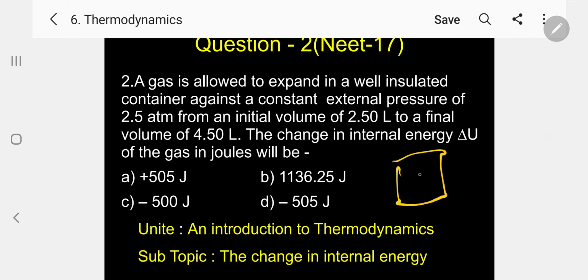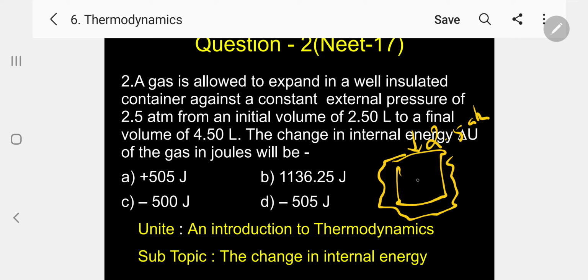Now what will happen? On the container, the external pressure is 2.5 atmosphere. This is insulated, so it is a closed container. Then when pressure is applied, what is happening?